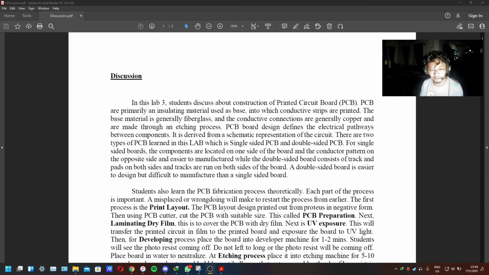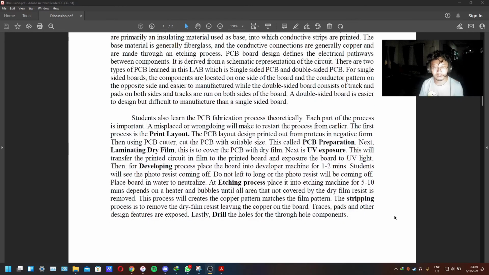In this lab, we should have gone to the lab, but due to COVID, students only learned it from home, and some of them at campus. Students mostly learned the process of making this PCB during the classes.